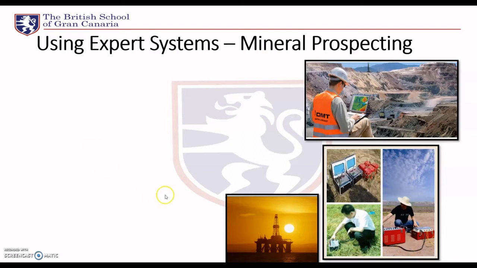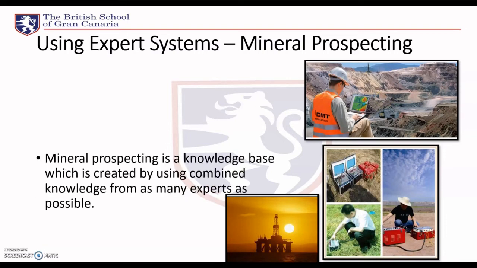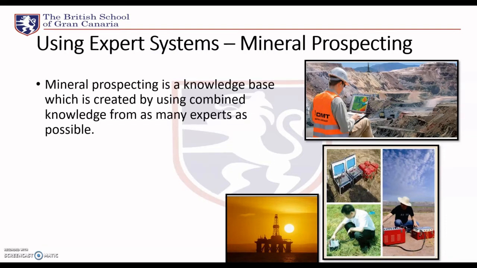As you can see here, they're using various types of equipment to find it, and there's actually a computer here. Don't take my word for this necessarily, but they may place sensors in certain parts of the ground, and then the computer will pick up where they're more likely to find the minerals they're looking for. This is knowledge based, using the combined knowledge from as many experts as possible.